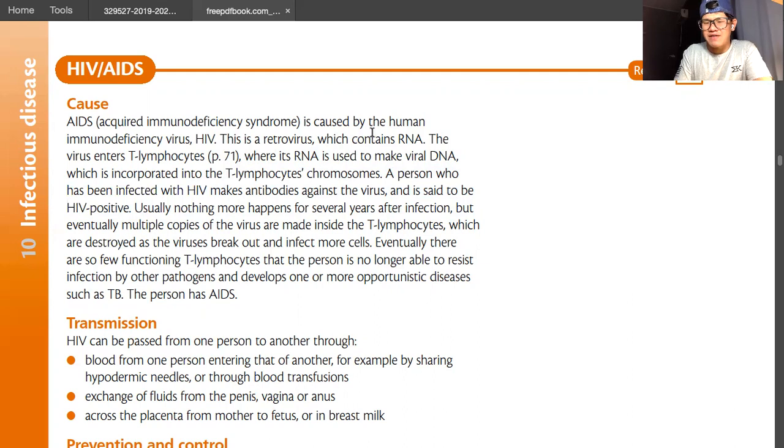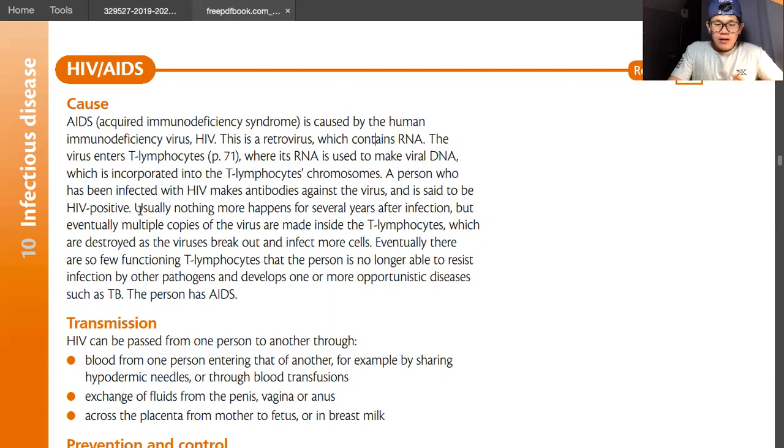How do we know that you actually have HIV? It's because we see there are antibodies for HIV. If you are making antibodies for HIV, then the chances are you have been infected with HIV. But if we look for antibodies for HIV and there are none, it means you are HIV negative.